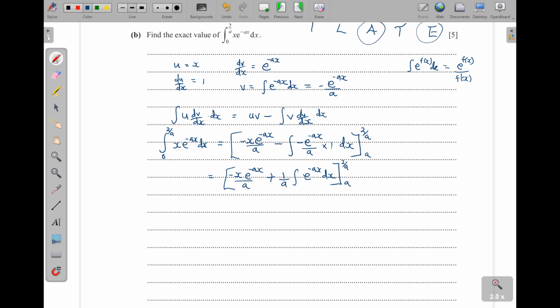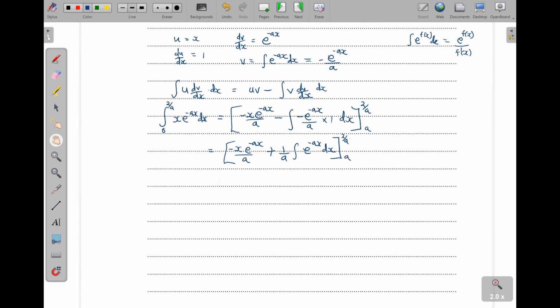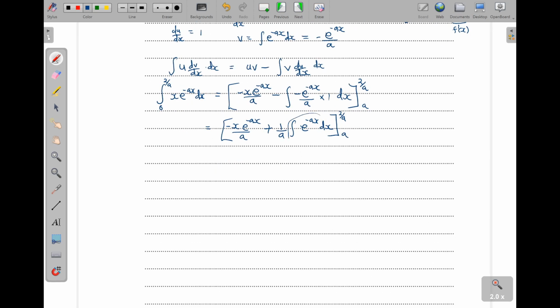But already we know the integral of this one here. It is the one we got here. So we shall just put negative x e power negative ax over a, then plus 1 over a, then times negative e to the power of negative ax over a. Then we put our limits like that.